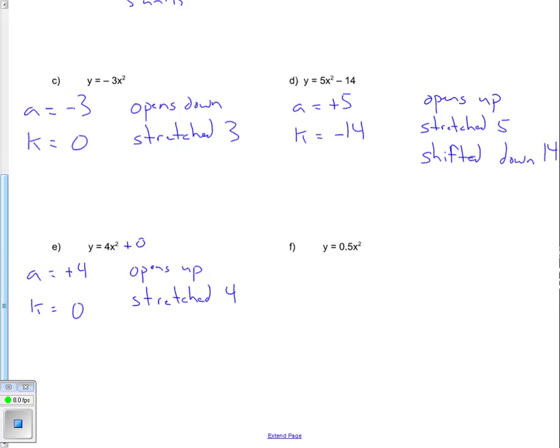And then finally, for example F here, we've got y is equal to 0.5 x squared. So we'll put in the a and k value. The a value here is positive 0.5, and the k value is again 0 because it's not written. The a value is positive, so it opens up.